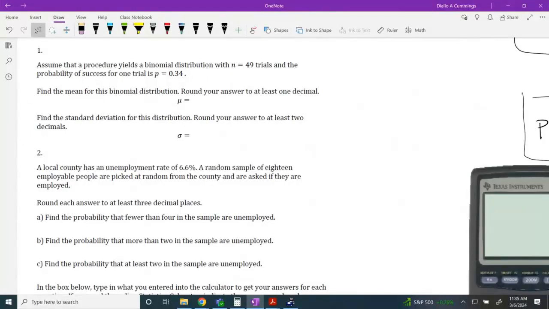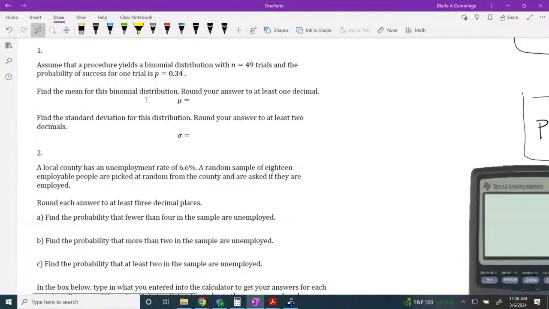So they're telling us that this is a binomial distribution, so all of those conditions apply. It has a fixed number of trials. Each trial is independent. Each trial has the same probability, and there's a fixed number of trials. So it says, assume that it's a binomial distribution with n equal to 49 trials, and the probability of success for one trial is p, which is equal to 0.34.